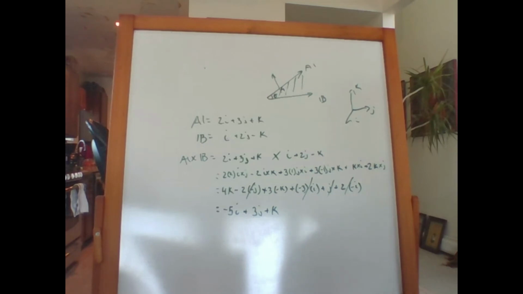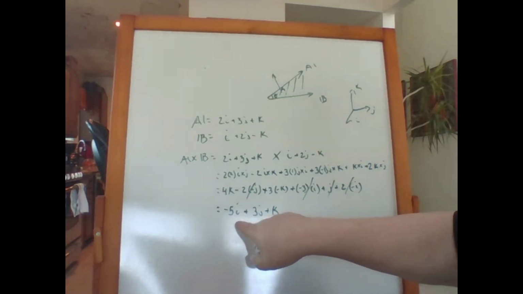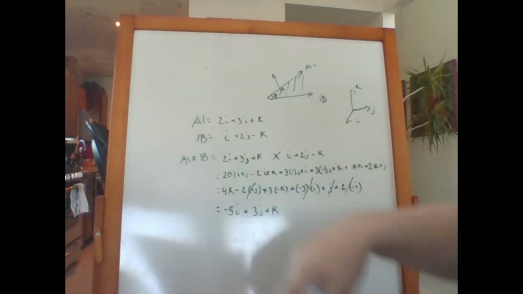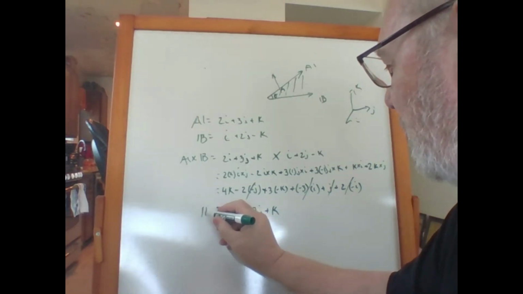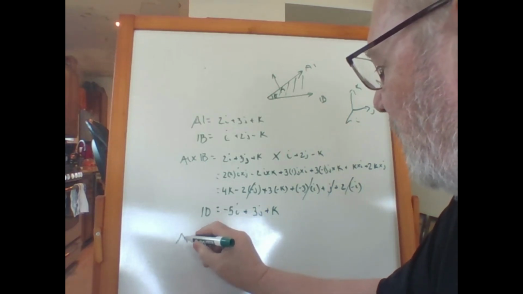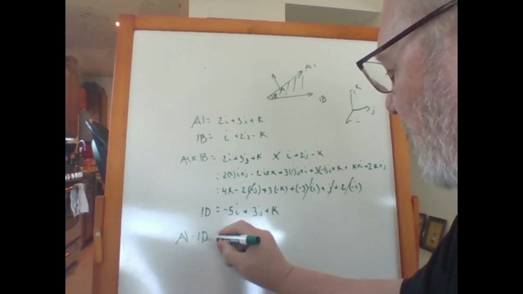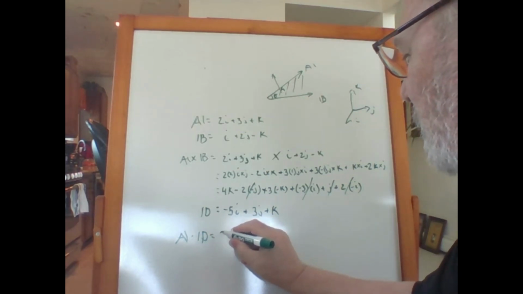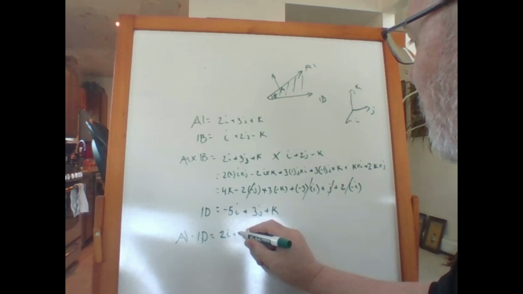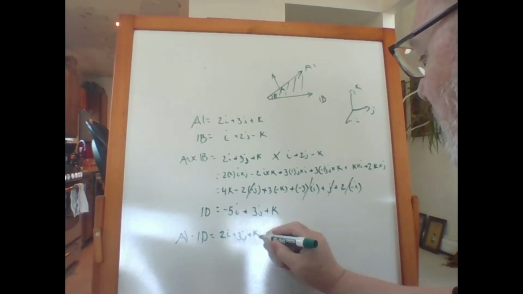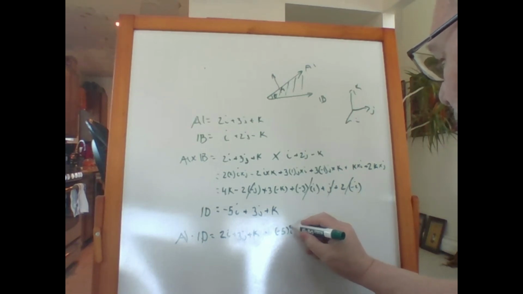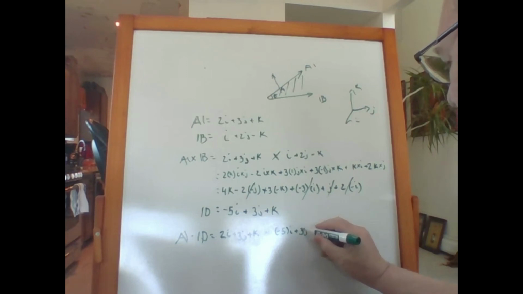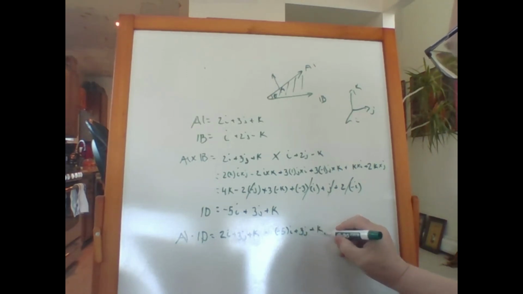So if this is normal, then this result dot A should be 0. So A, let's call this D. A dot D is equal to 2i plus 3j plus k dot minus 5i plus 3j plus k.